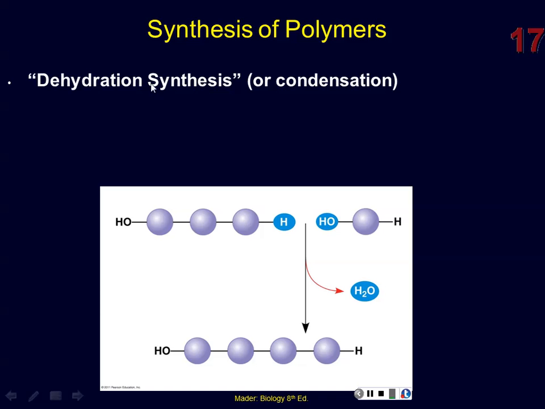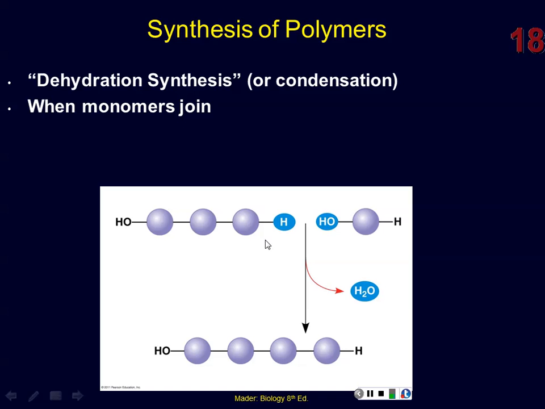Okay, so synthesis is putting something together. So these words tell you exactly what's happening in this reaction. You're putting something together and water is going to exit. Okay, this is what happens. This is the reaction that occurs when monomers join together. Okay. So let's take a look at this illustration for just a moment.